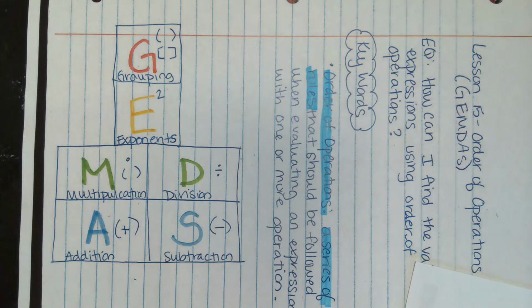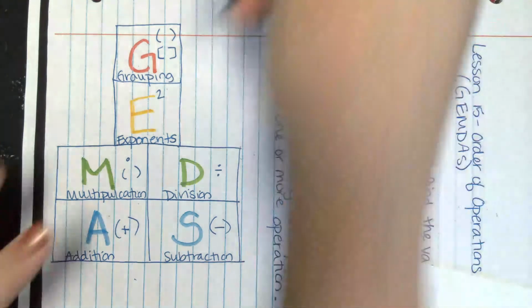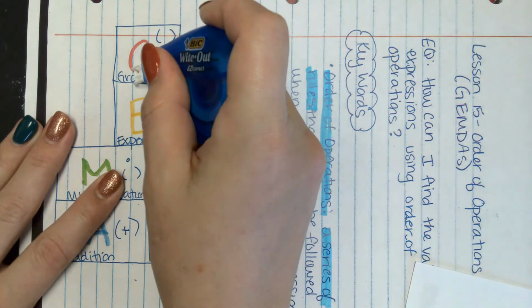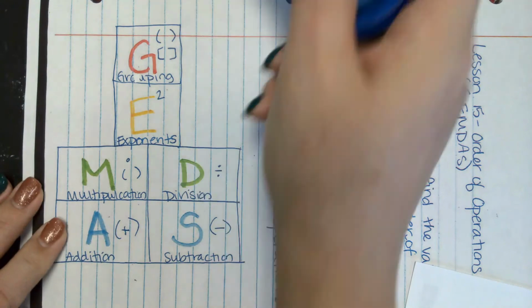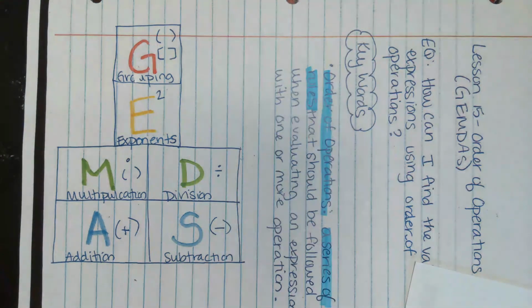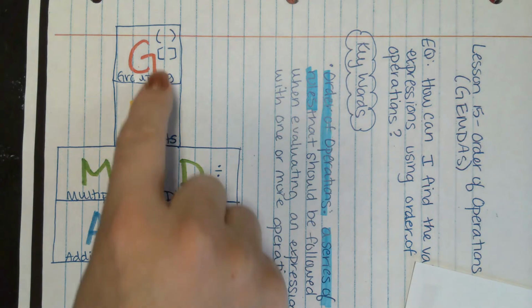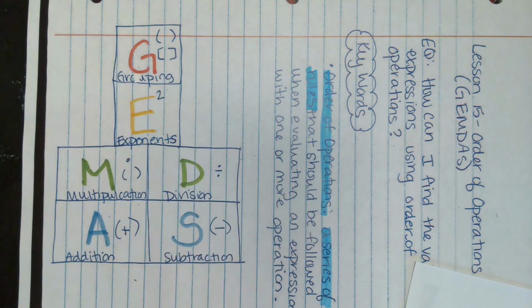Over the years, you guys have learned about parentheses, this typical symbol that you'll see up here. One of the great things about getting older is that in math, you're no longer just going to see parentheses.